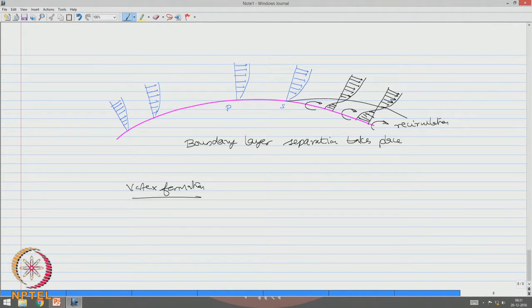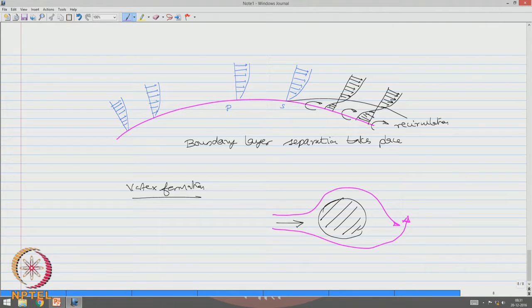Schematically, if the body which is kept in the flow field obstructs the flow pattern, it causes rotation like this, which forms vortex shedding. Now, the consequences of vortex shedding.